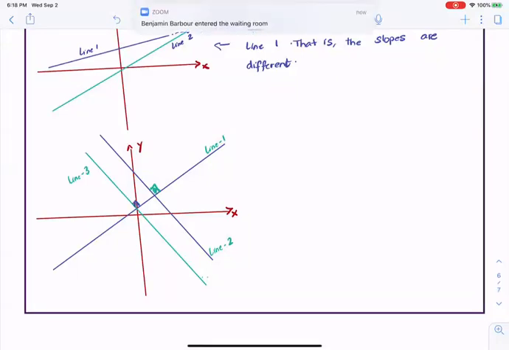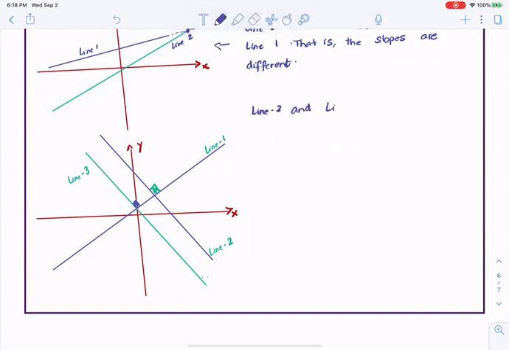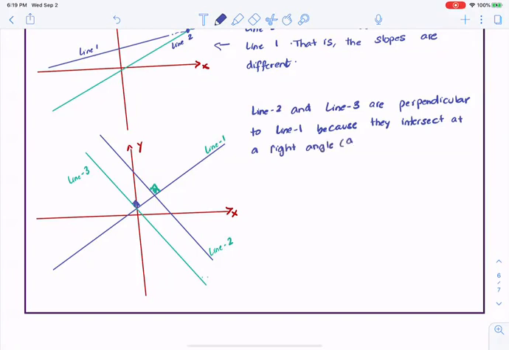So we can say that line 2 and line 3 are perpendicular to line 1, and it has to intersect at a right angle, which means 90 degrees.